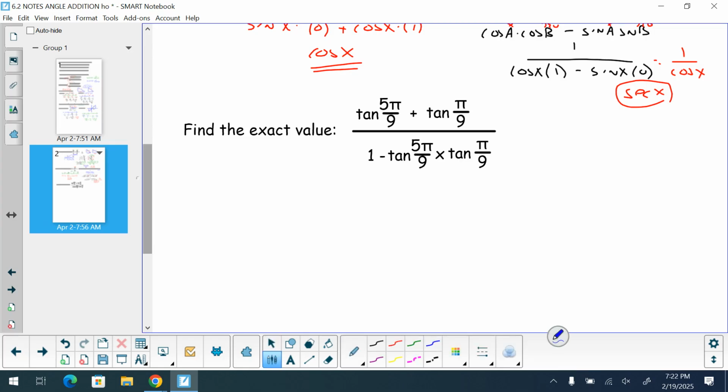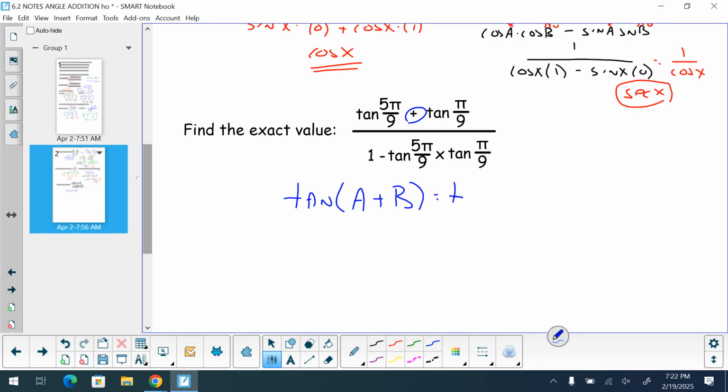If I put the process in reverse, I have tangent plus tangent, and 1 minus tangent times tangent on the bottom. So this will take me back to tangent of A plus B because I trace this sign along here.